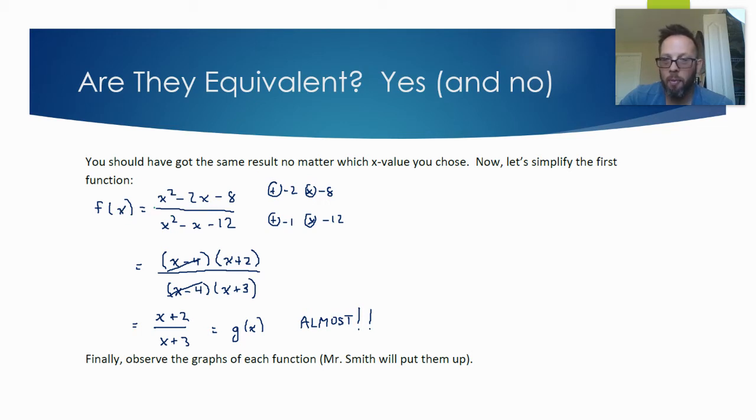When we factored and divided out (x - 4) over (x - 4), we used the logic that anything divided by itself was equal to 1, except one number. 0 divided by 0 does not equal 1. So this works if x does not equal 4. So let's continue talking about that.